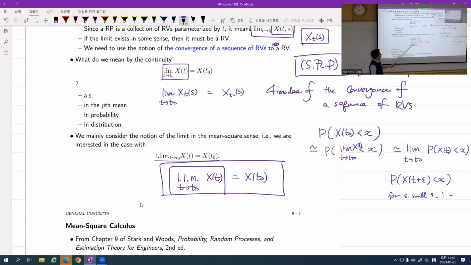This equality means equality in the mean square sense. Got it? So we don't write it with a separate statement that the equality is in the mean square sense. We just write it in this way. And this means mean square continuity. So X of t is mean square continuous at t0 if this holds. Got it?